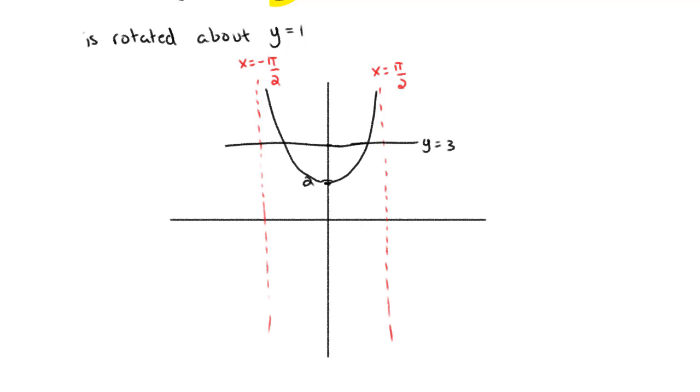But the author's intent is for you to take this region and rotate it about the line y equals 1. So let me go ahead and actually showcase the line y equals 1. Okay, so we're going to rotate it around that.